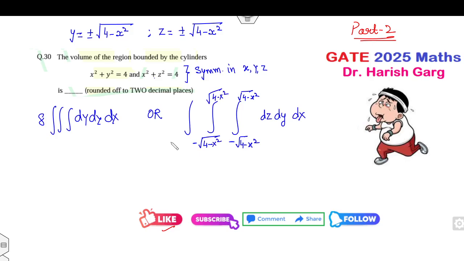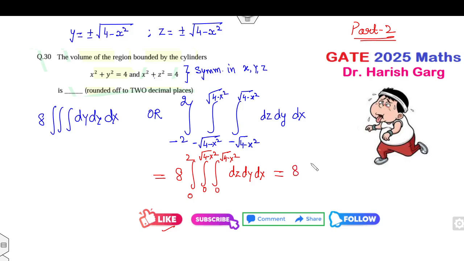Then the value of x will be minus 2 to plus 2. Now, because of the symmetry, I can write this as 8 times the triple integration from 0 to 2, 0 to 4 minus x square, and 0 to 4 minus x square, dz, dy, dx.